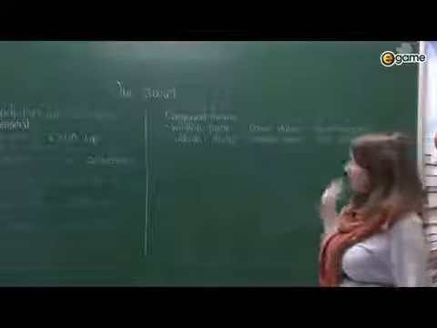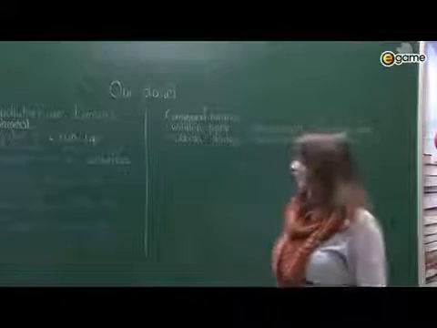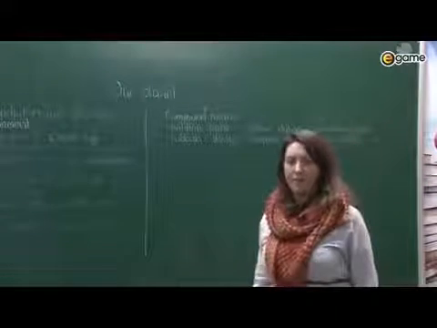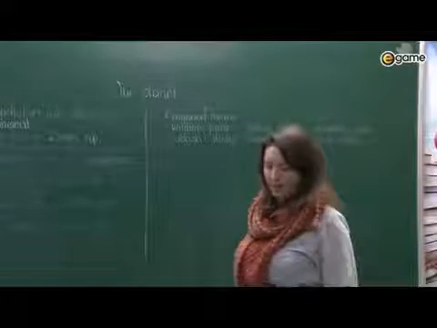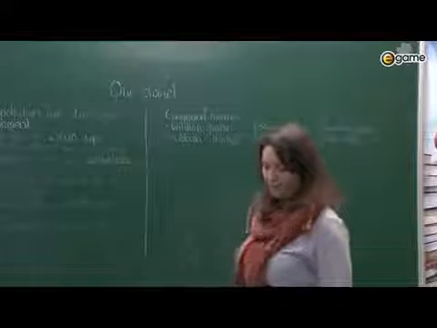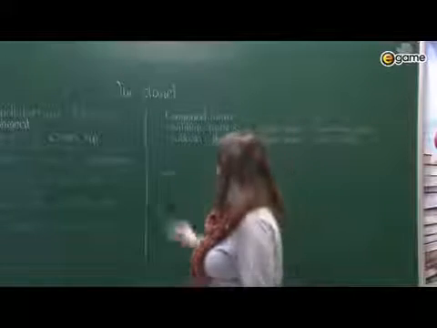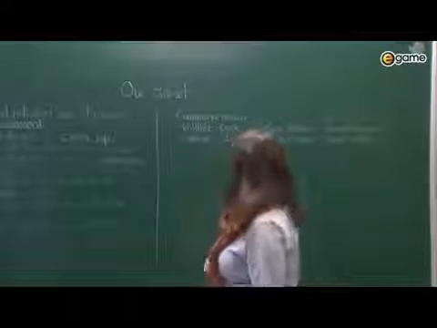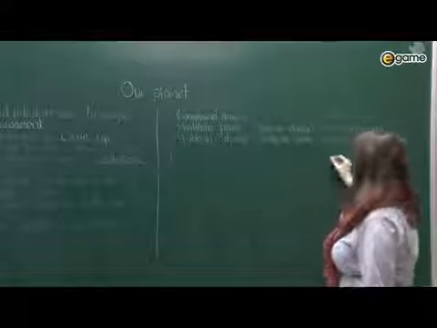Okay, so these are all examples of compound nouns. Two words, we put them together to make another word. So let's try an activity. Okay, we've got 4 words here.